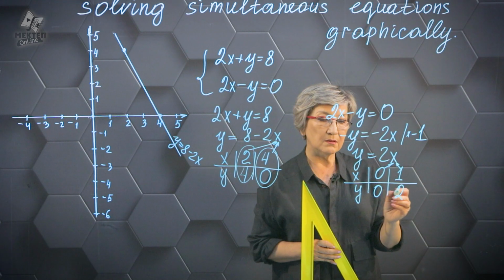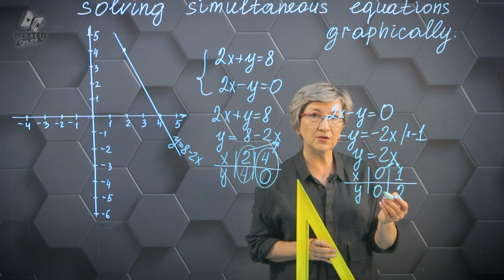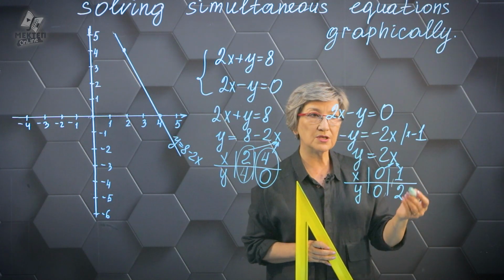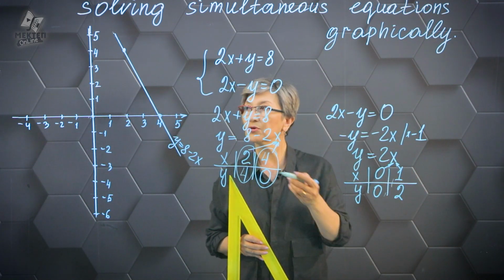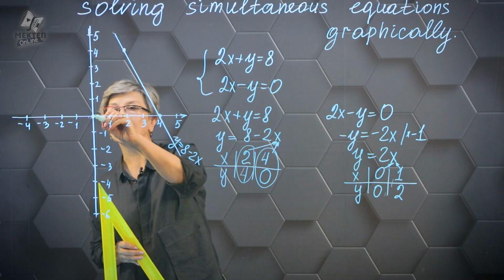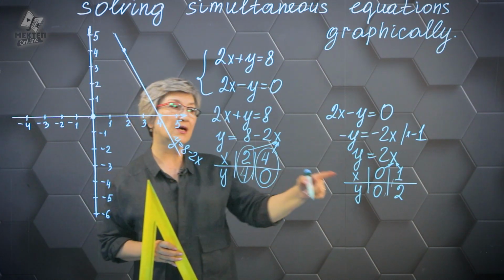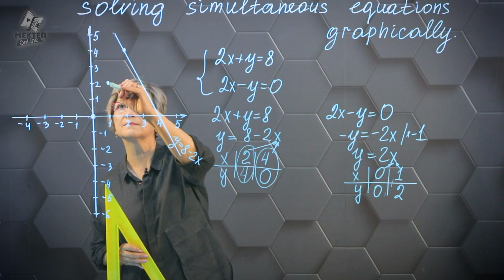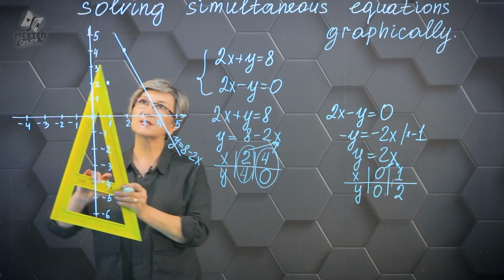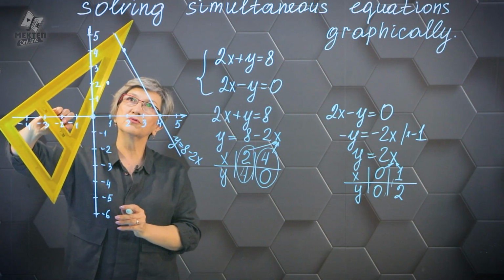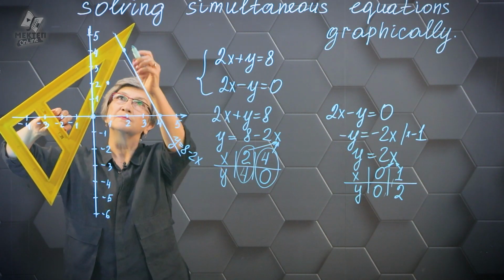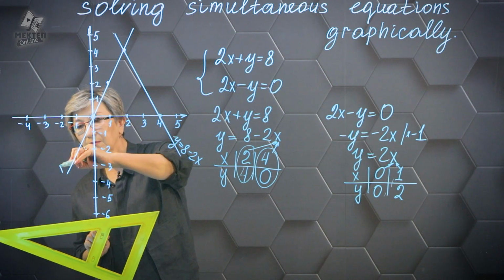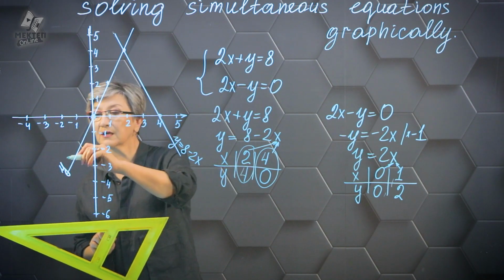So the first point has coordinates (0, 0), and the second point has coordinates (1, 2). We will plot these points. The first point is at (0, 0), and the second point is at (1, 2). Let's draw a straight line through these 2 points. And this line will represent the graph of the function y equals 2x.